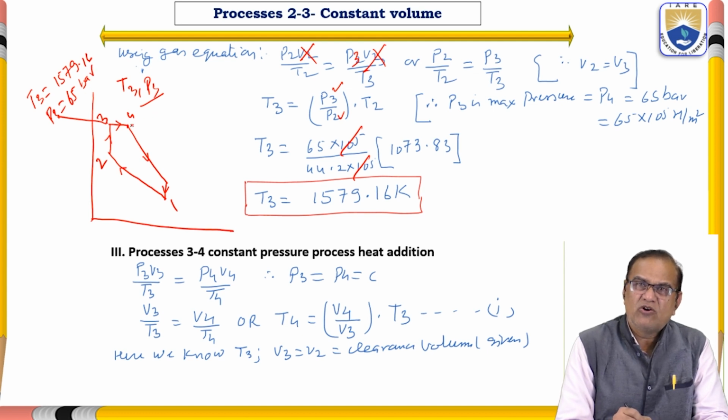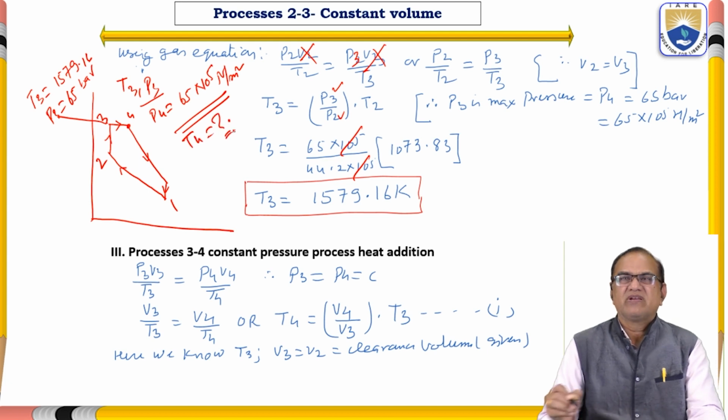So now we have to find out this point. Here P4 is given. P4 is 65 into 10 to the power 5 Newton per meter square. It is given. We have to find out the temperature.